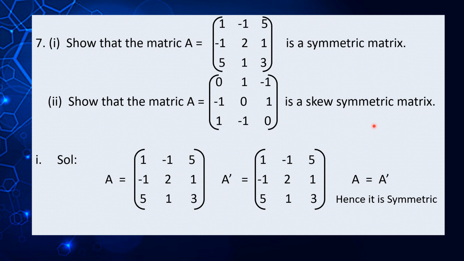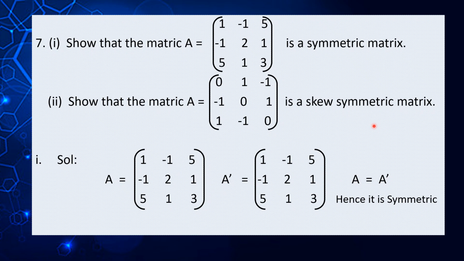transpose of the particular matrix should be equal to the matrix. So A should be equal to A transpose. Then it would be symmetric. And for a skew symmetric matrix, the transpose of the matrix should be equal to the negative of that matrix.